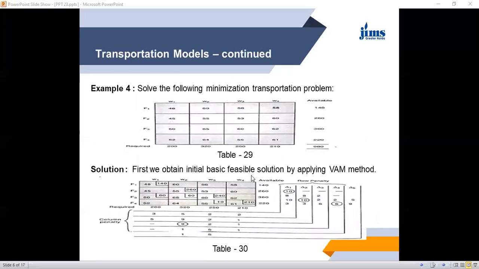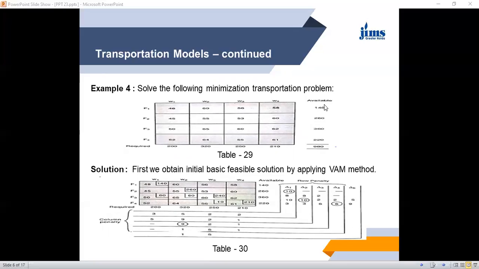Now we explain this method with an example. Say these are the warehouses W1, W2, W3, W4, and these are the factories F1, F2, F3, F4. Factory F1 has a capacity of 140, F2 has a capacity of 260, F3 has a capacity of 360, and F4 has 220.